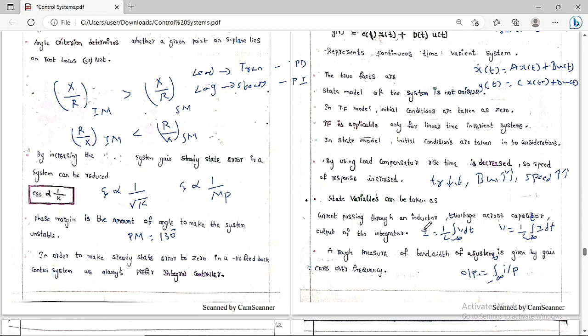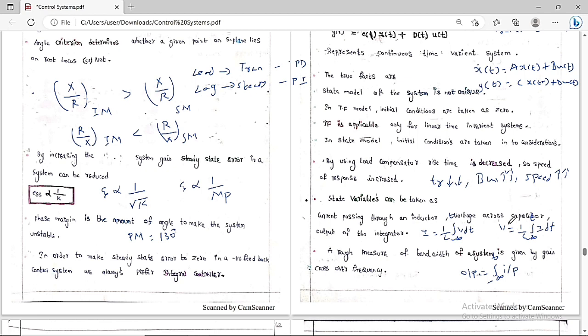Therefore, the current passing through an inductor, the voltage across the capacitor, and the output of the integrator are considered state variables because initial conditions are associated with these variables. So finally, state variables can be taken as current passing through an inductor, voltage across the capacitor, and output of the integrator.